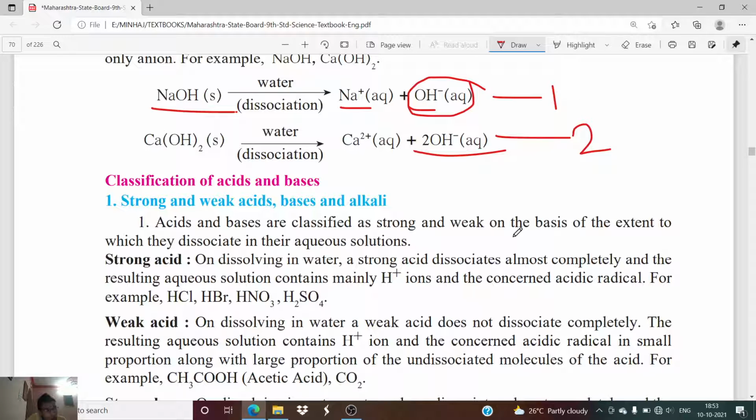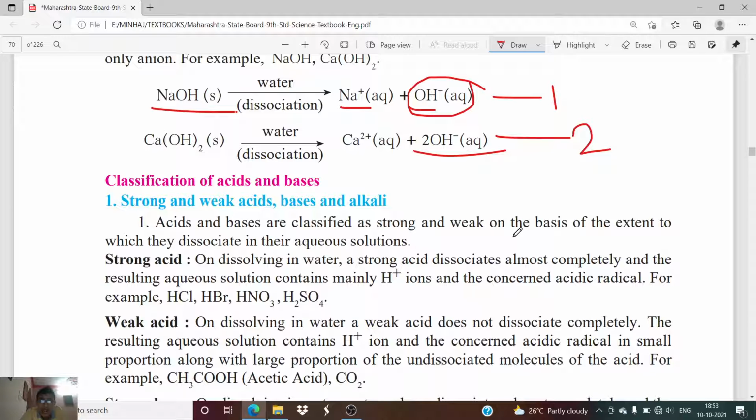If I am dissolving sodium hydroxide, NaOH, in water, and the solution prepared after dissolving the NaOH has 100% dissociation, then I will say that the base is a strong base.